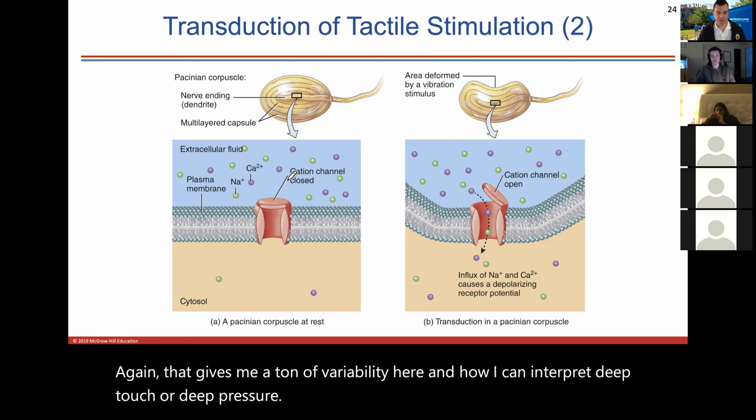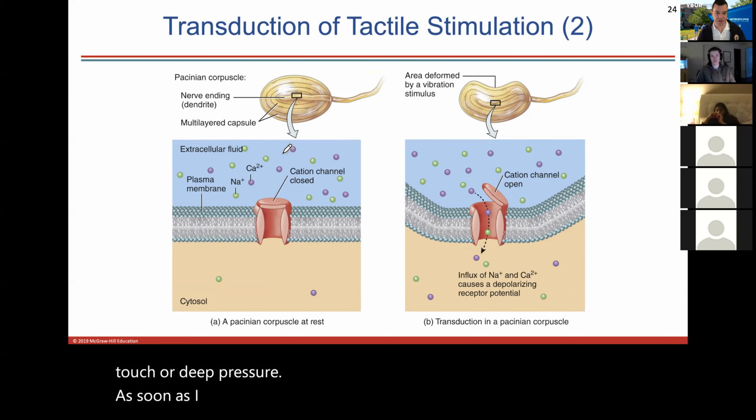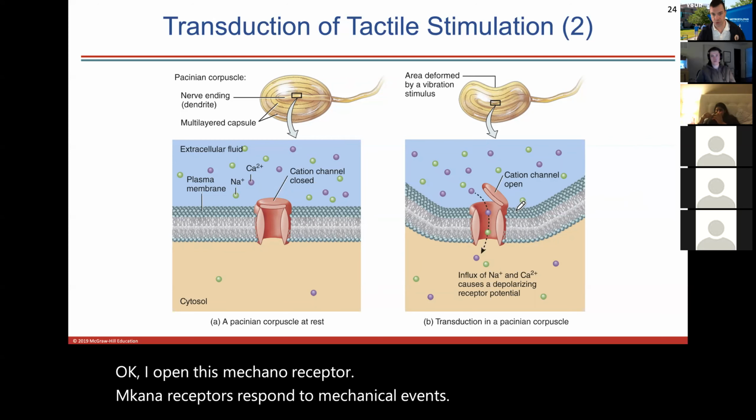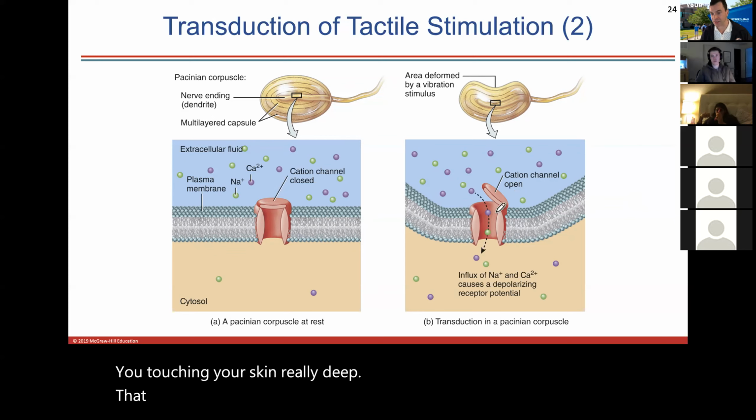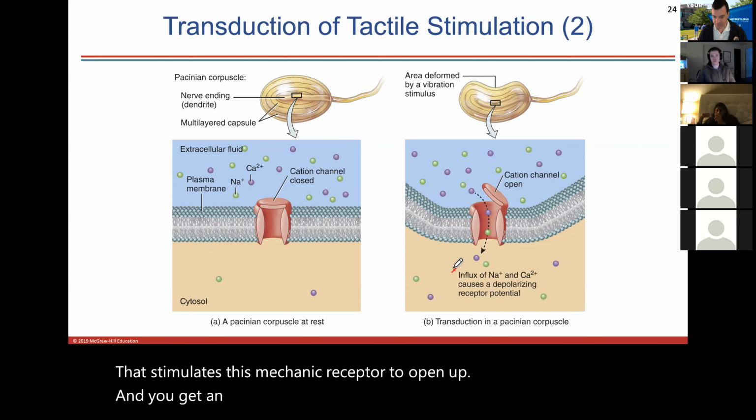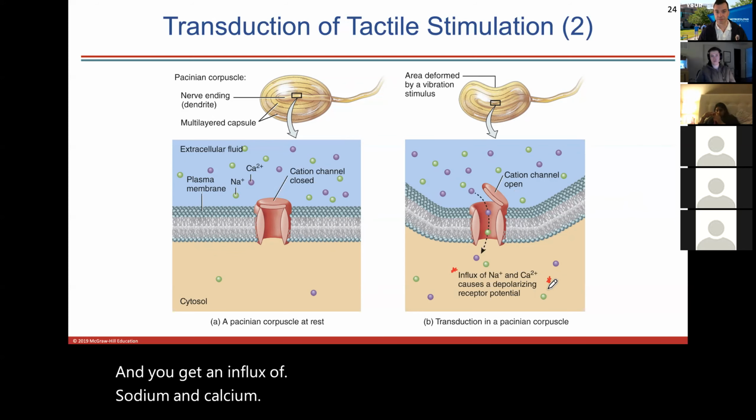As soon as I get deformation of that dendrite, I open this mechanoreceptor. Mechanoreceptors respond to mechanical events. You touching your skin really deep stimulates this mechanoreceptor to open up. And you get an influx of sodium and calcium. And that causes that receptor potential, that depolarization event.